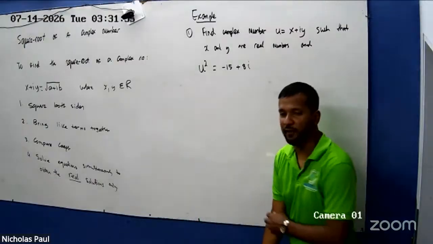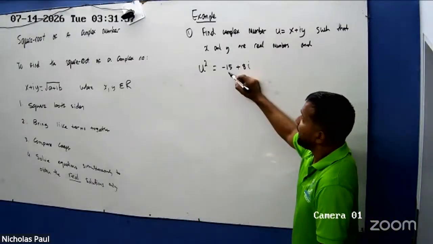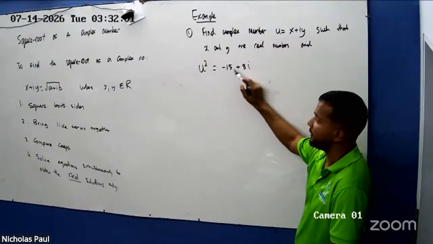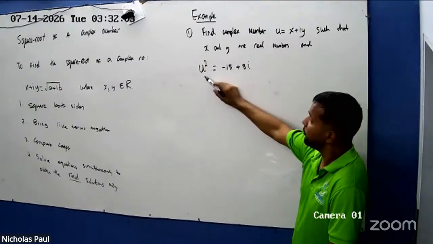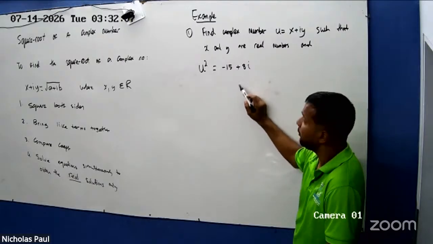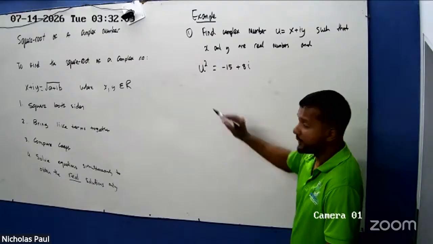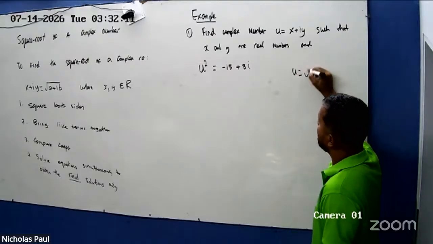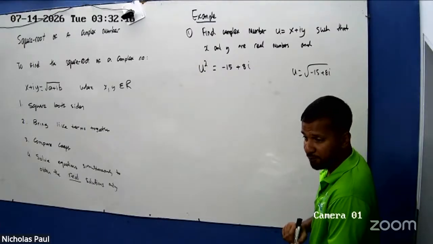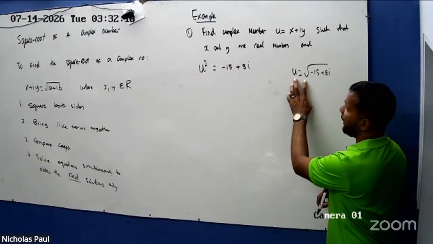So watch here. We want to get u such that u squared is equal to minus 15 plus 8i. Technically, what they're asking for is u, the square root of that. So they want us to find that u value.